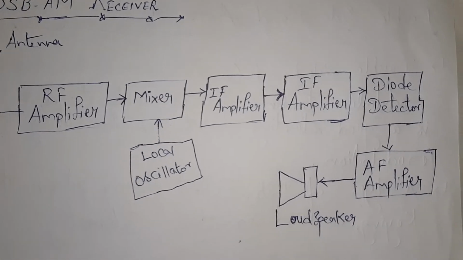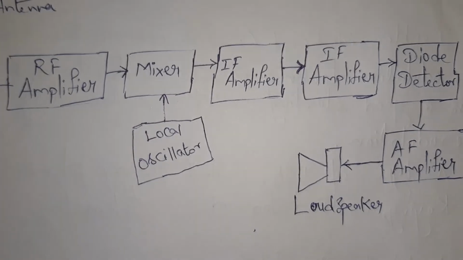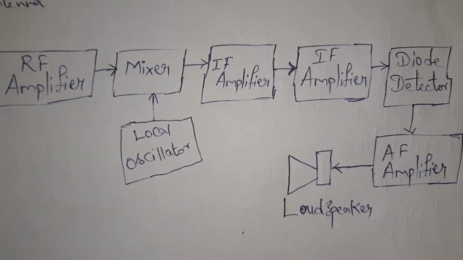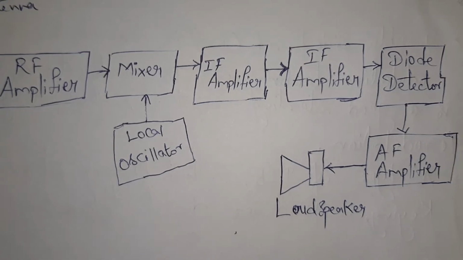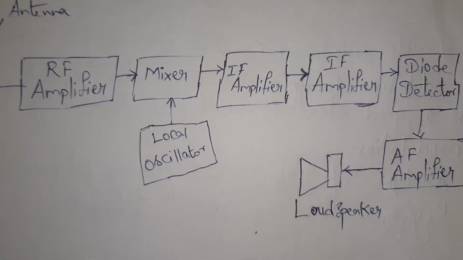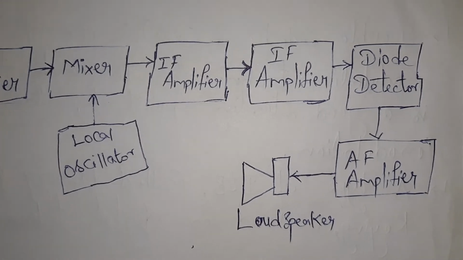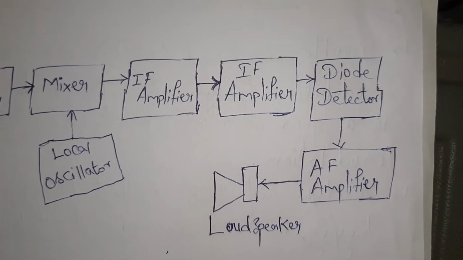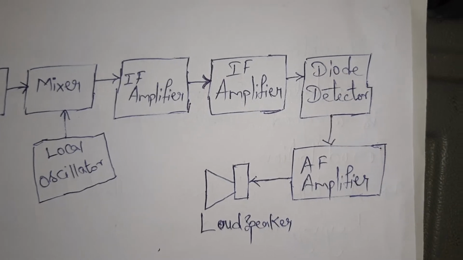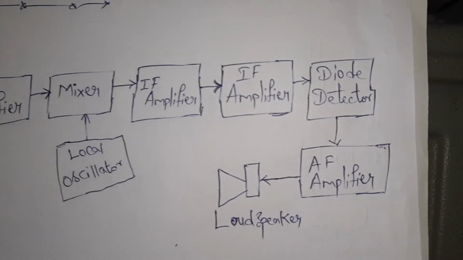Now what is the role of the diode detector? The function of the diode detector is to extract the audio signal from the signal at the output of the IF amplifier, which performs this task in a very similar way to a half wave rectifier, converting from AC input to DC output.